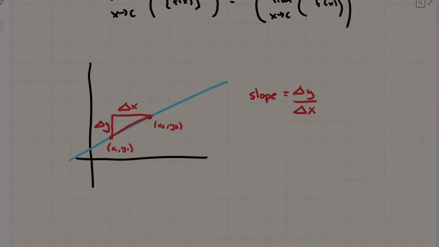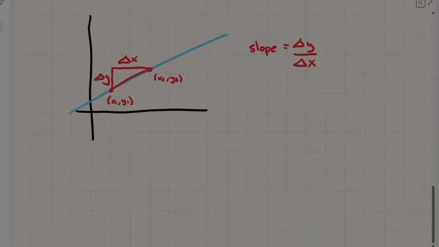So rather than having this kind of discrete slope across a window of x values, in calculus we want to know the exact slope at an exact point. And our slope formula here is based on two values, two pairs of x and y. So how do we calculate a slope at a single point?